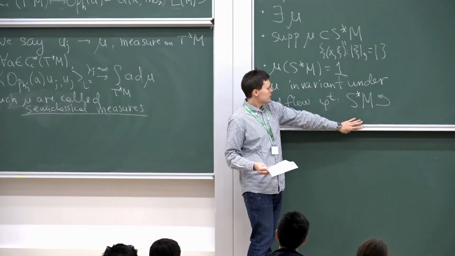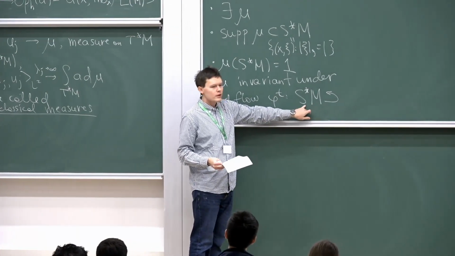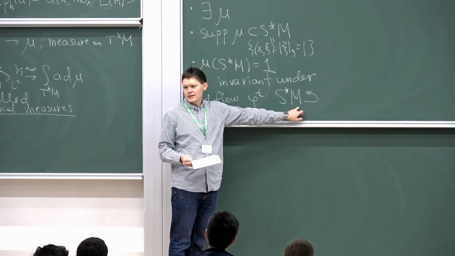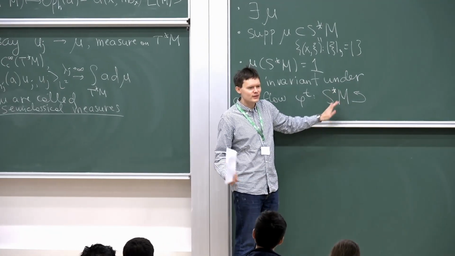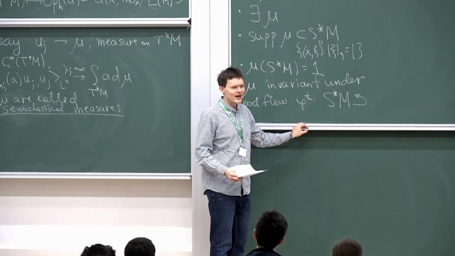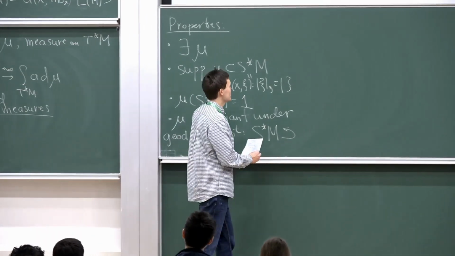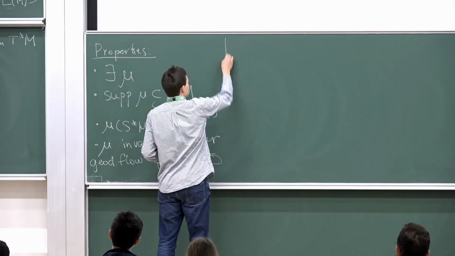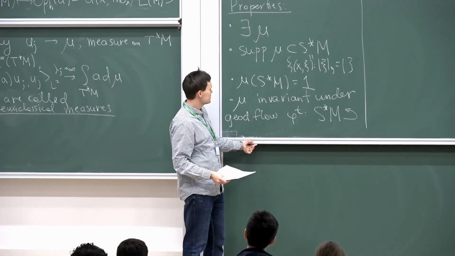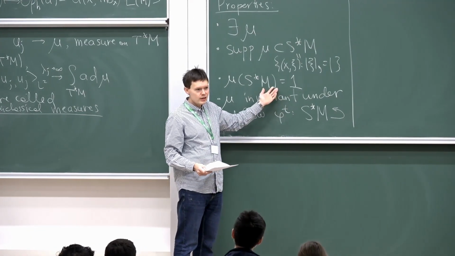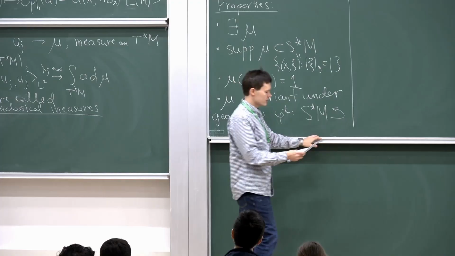In order to define this flow, you need to know the initial position and initial velocity, but you can encode velocity by momentum instead. I'd like to believe Newton would have liked it, though we can never be sure. So you get this big zoo of measures, potentially, and you know they're all invariant under the geodesic flow.